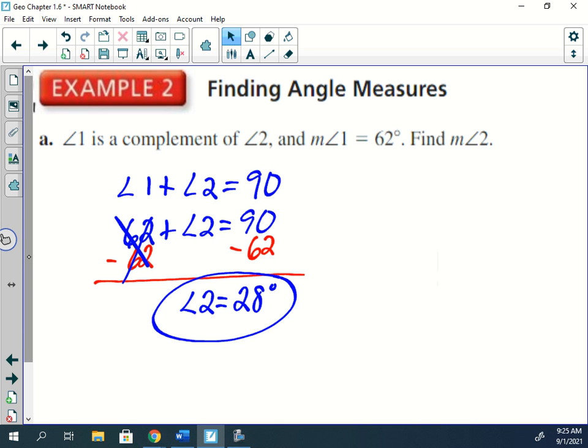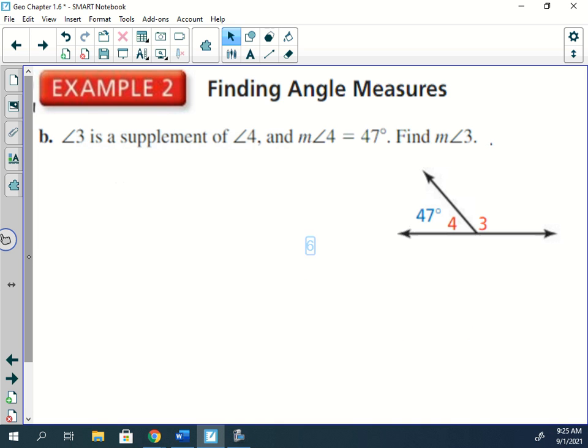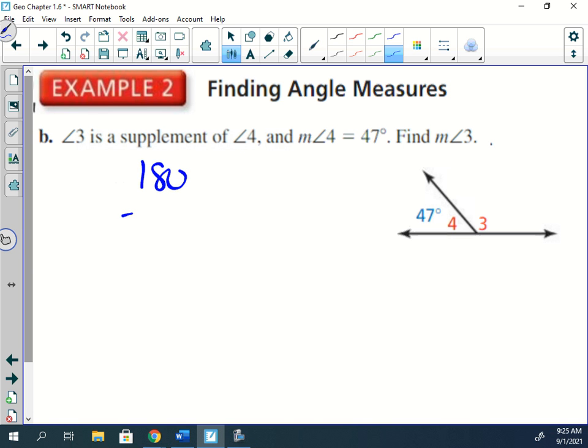Ready for the next one? Angle 3 is a supplement of angle 4. And the measure of angle 4 is 47 degrees. Find the measure of angle 3. Is supplement, we know they add together to be 180.